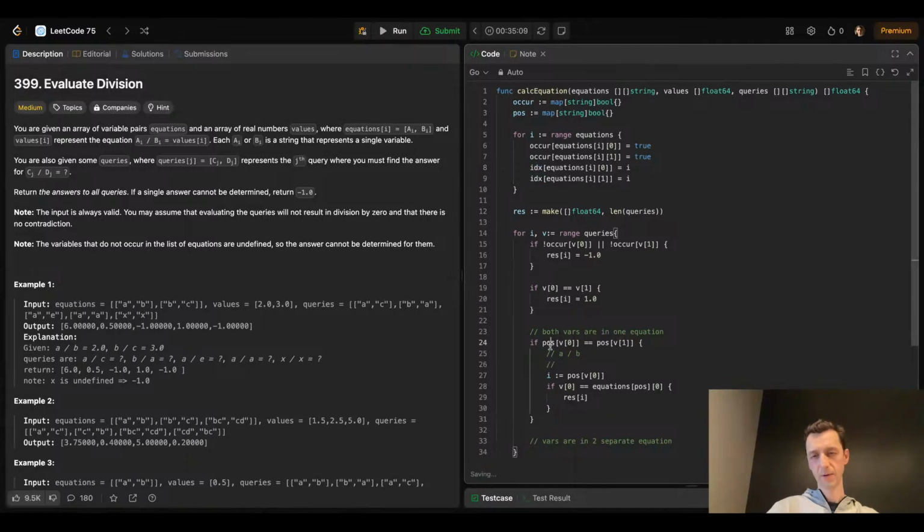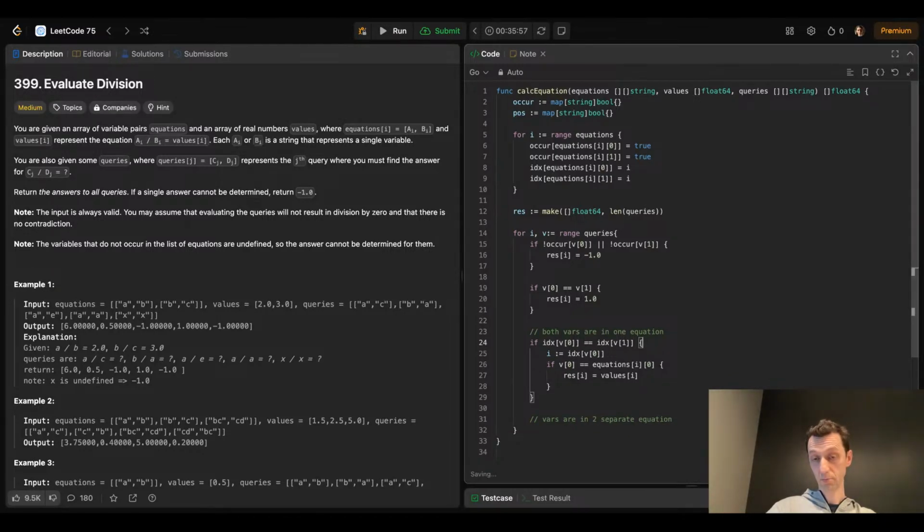So if they're in the same index, then we'll look at the equation, and if they actually have the same relative position within that equation, then we just say the result at that position equals the value at that position. So that's a simple case.